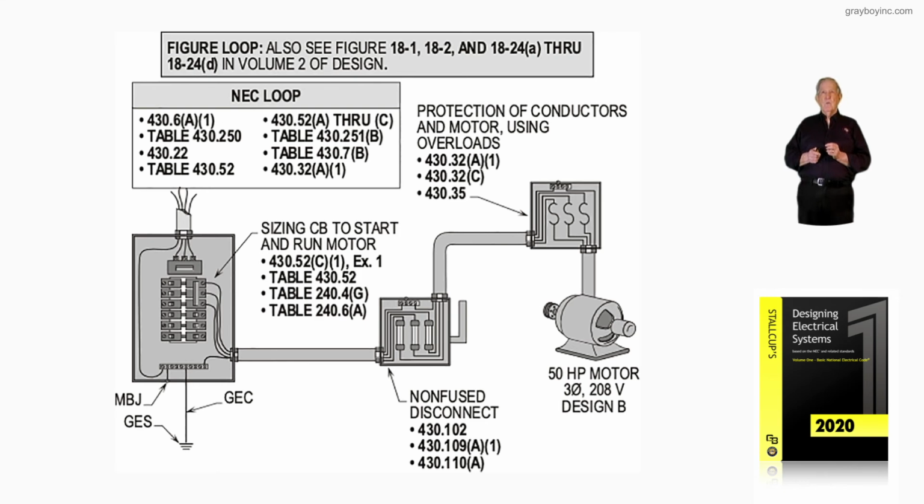And C1 would deal with that, and then 430.32, say A1, deals with the overload protection at a minimum, and 430.32C is when you can go maximum. Now, what that actually means, you would start with minimum and use increments up to the max of 430.32C to allow your motor to start.